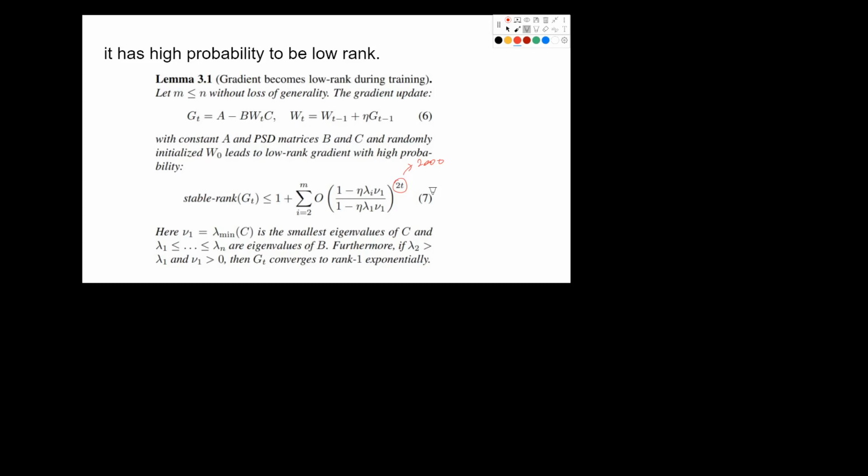For example, if we have 10 eigenvalues close to each other, the rank will be 10, and the others are small numbers, so those will become 0. That's why this proves that the GT has high probability to be low rank.